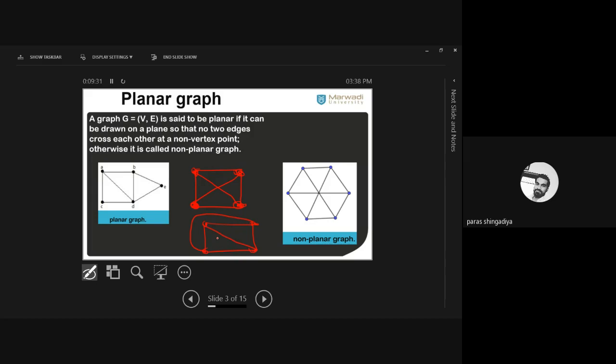There is an edge between these two vertex, so here it is also an edge between these two vertex. There is an edge between this and this vertex, so it is also an edge between this and this vertex. All the connections are as they are. All the edge incidence and adjacency relations are as they are. But we redraw this graph in such a way that we just remove the crossover between the two edges. If it is possible, then this graph will be planar. Clear? Then the graph will be planar.